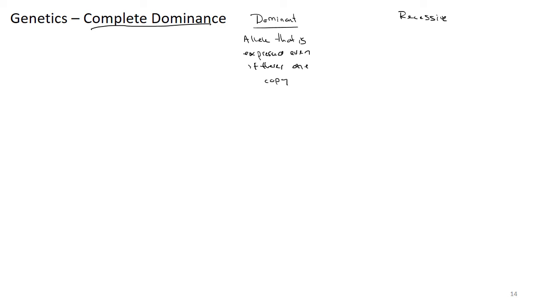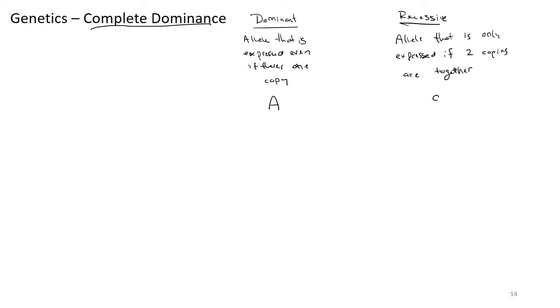So we use letters to describe these alleles, and let's say in this case, dominant is going to be capital letter A. Recessive is an allele that is only expressed if two copies are together.